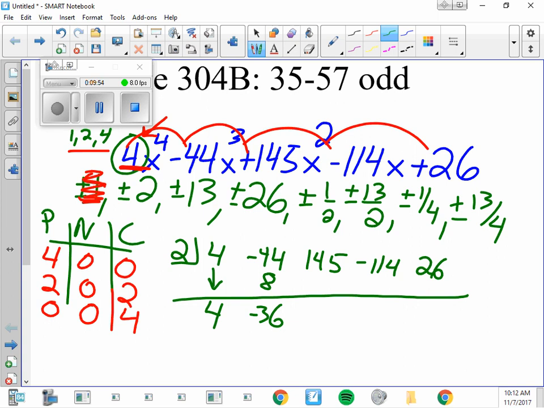That would be negative 72, then 73. 73 times 2 is 146. And that would be 32. Multiply that by 2, it doesn't work. So we now know 2 is out.